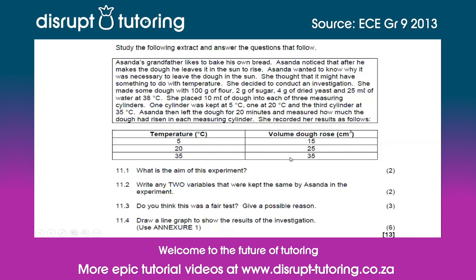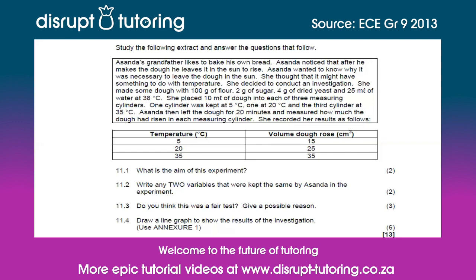Okay, now let's look at question number 11.1, which asks, what is the aim of this experiment? So now, the first thing we know about this experiment is that it's based on respiration, because when you're making bread dough, the yeast feeds on the carbohydrates in the mix to produce carbon dioxide, and carbon dioxide is the substance that causes the dough to rise.